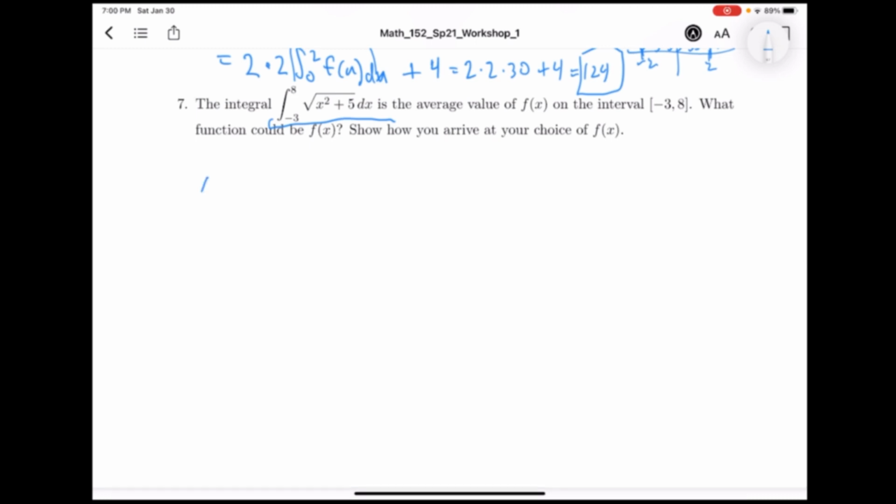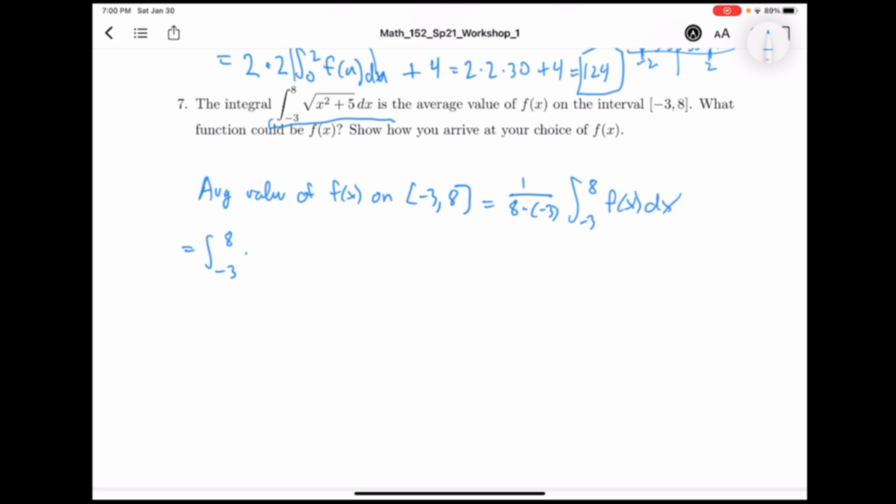Well, you know that the average value of f of x on the interval -3 to 8 is equal to 1 over 8 minus -3 times the integral from -3 to 8 of f of x dx, which, simplifying that a bit, is 1 over 11, and I can just bring the constant in here. So that's the average value of f of x on the interval -3 to 8.